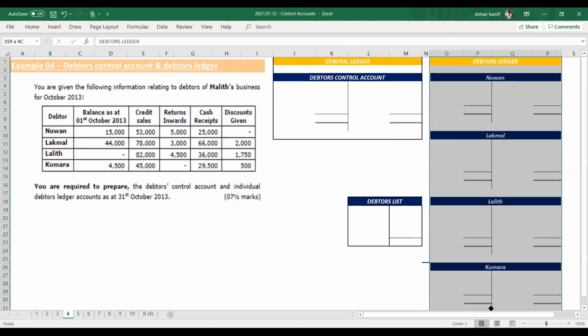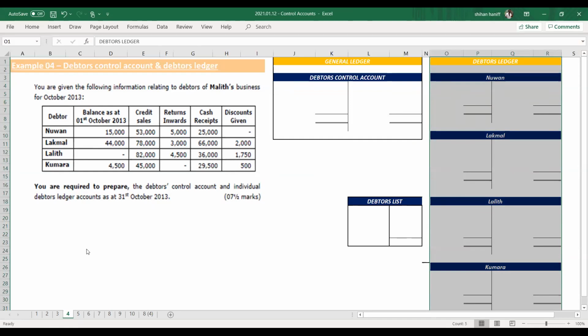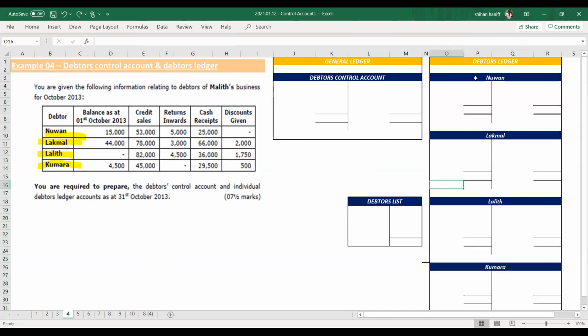What is the debtors ledger? There you have individual debtors accounts. Here in this question, we have 4 debtors: Nuan, Lakmal, Lalit, Kumara. For individual transactions, we have to show the debtors' individual accounts in the debtors ledger.